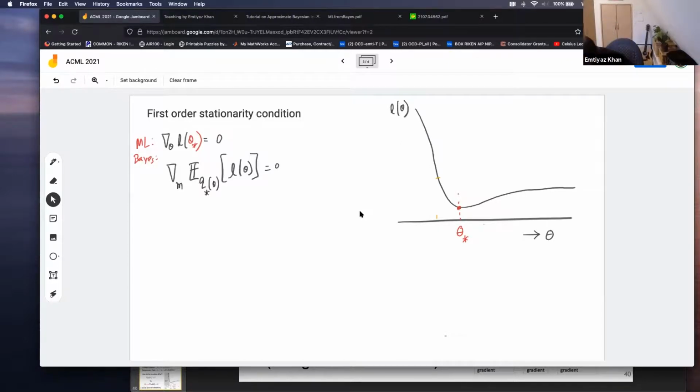Okay, so the Bayes solution, fortunately, has a slightly different location. I'm going to draw the Bayes solution here. So theta star is here. The Bayes solution turns out to be slightly away from theta star.